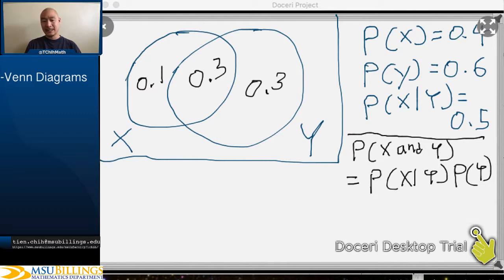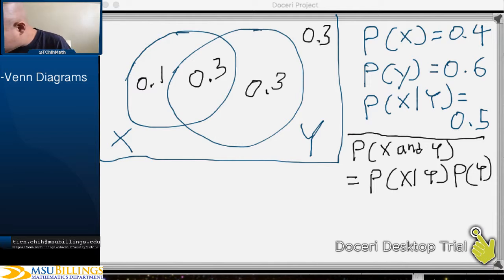So there must be another 0.3 lurking on the outside. Right? And once you've gotten to this point, you could literally ask any probability question about X and Y, and you'll be able to answer it.